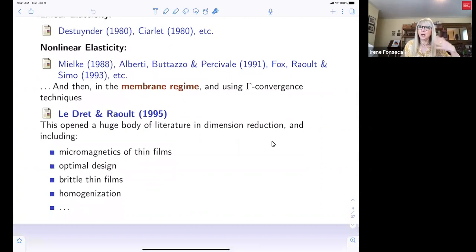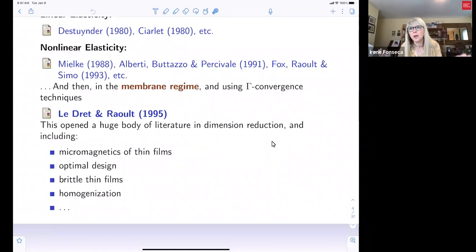You could have bodies with micromagnetism in there, or you're addressing a mixture of two materials while at the same time compressing them to the middle plate. So now you have a merging of optimal design and dimension reduction.